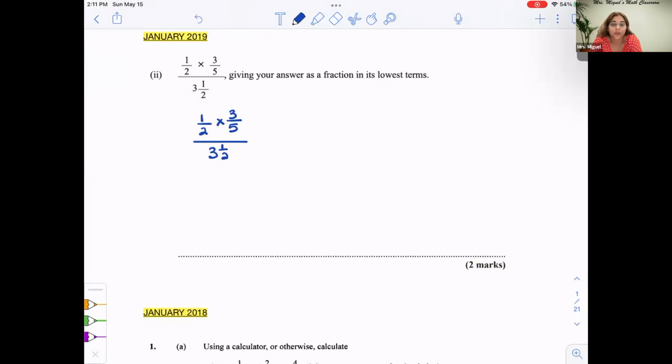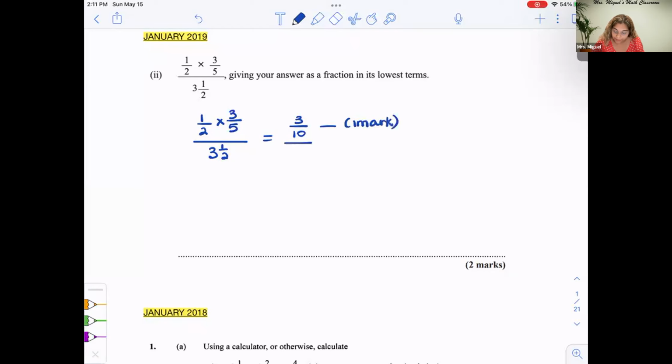All right, do you all have an answer? So using the calculator, a half multiplied by 3/5 is 3/10. Having gotten that, we will score 1 mark.